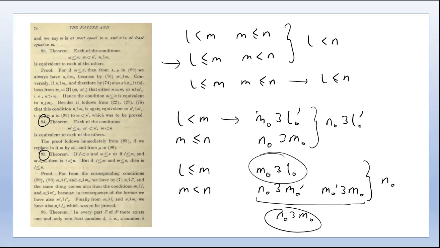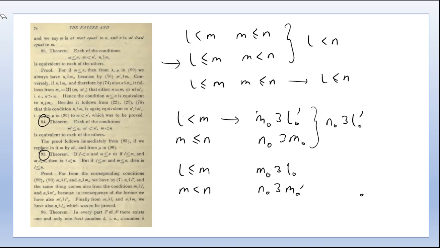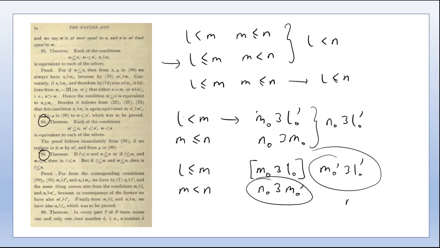M naught is a part of L naught. Right. No, sorry, I've made a mistake there. So actually, it should have been, I should be looking at this a bit more closely. M naught is a part of L naught. That means that M naught primed is a part of L naught primed. And now use transitivity on these two to get that N naught is a part of L naught primed.